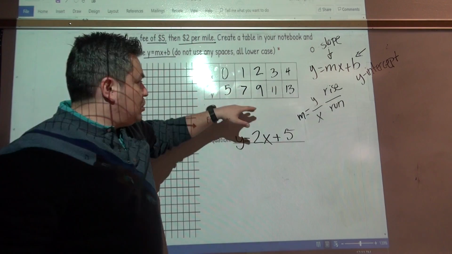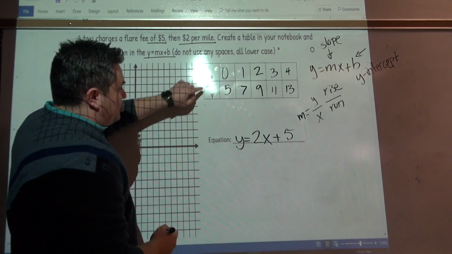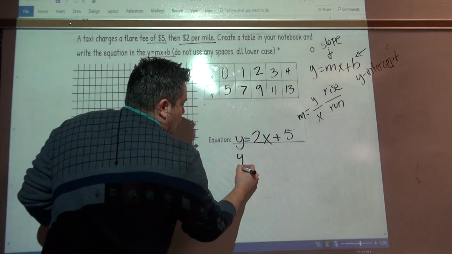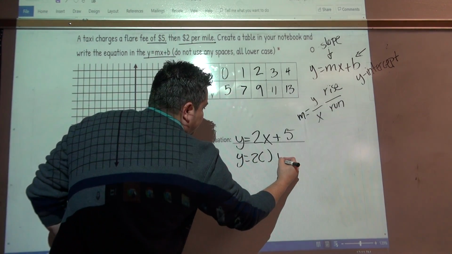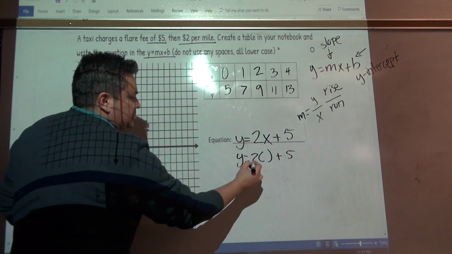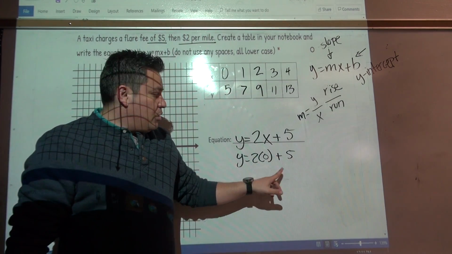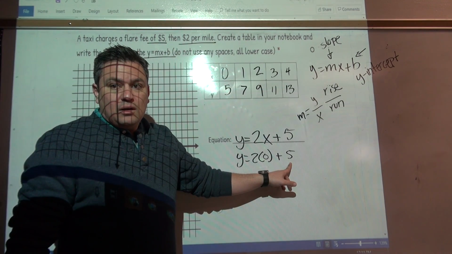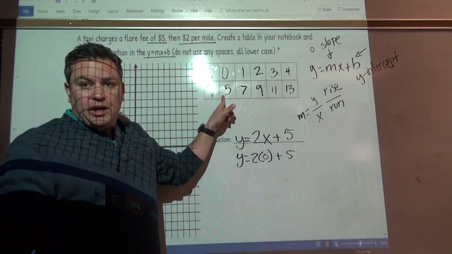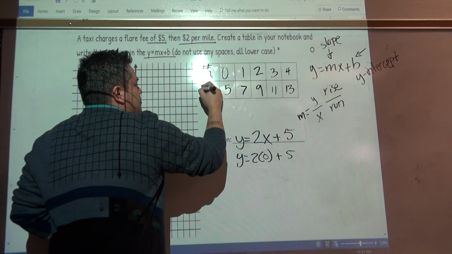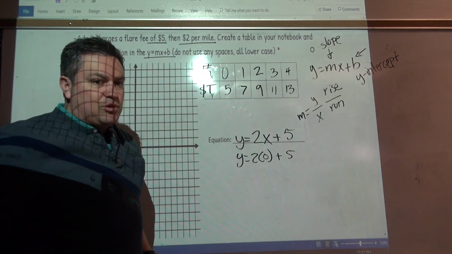Now, how does this relate to the equation? If I use the value of x and put it right here, for example, y equals 2 times the parentheses plus 5. If I put in a 0, what's 2 times 0? 0. 0 plus 5? 5. Is that what I have over here? Yeah. So this is the number of miles, and this is my total money that I have to pay.